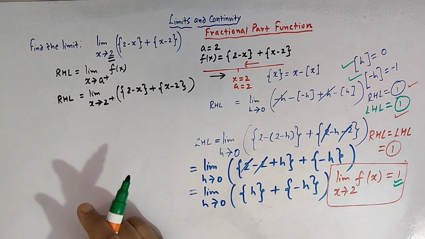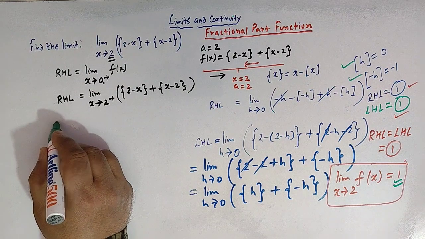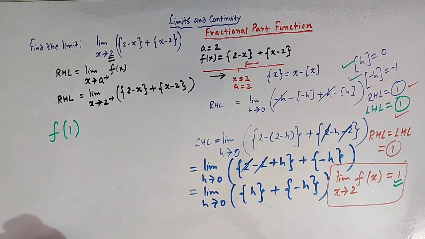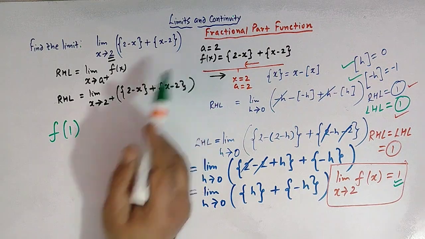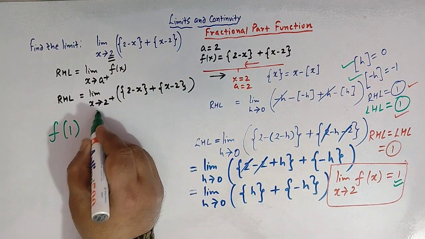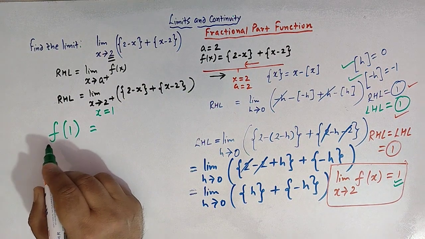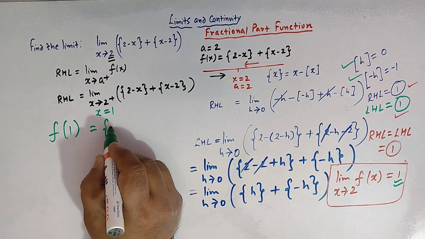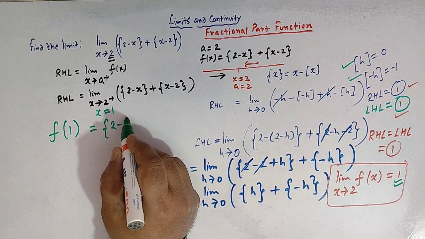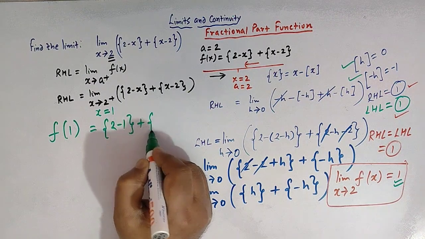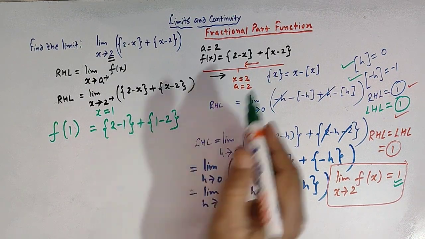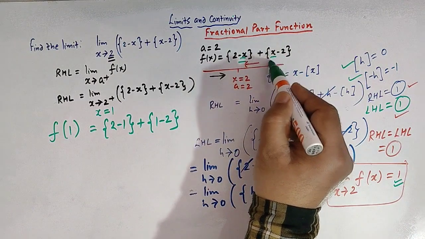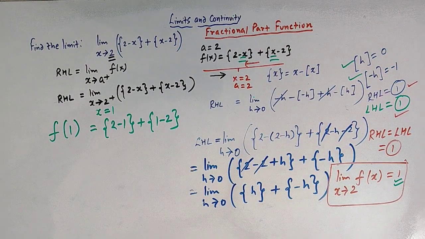Now it is interesting to find out the value of f of 1, right? So here if we take x is equal to 1, then we can write the values of f of 1. So we have the fractional part of 2 minus 1, then we have fractional part of 1 minus 2. So here we have taken x is equal to 1.